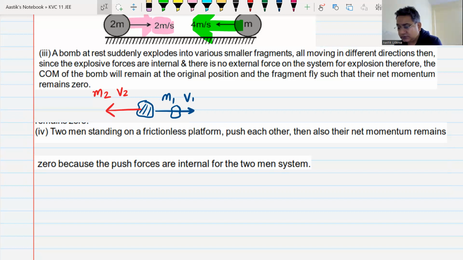Everyone has understood the concept of this momentum of the center of mass, yes or no? If the net external force acting on a system of particles is 0, the velocity of the center of mass will remain constant. That is all that we need to remember in this.